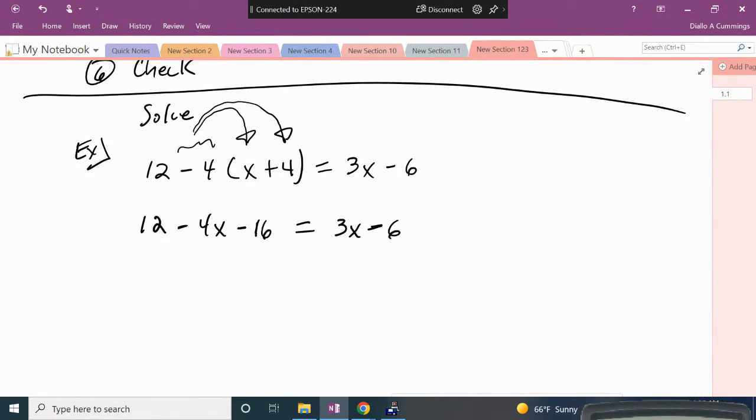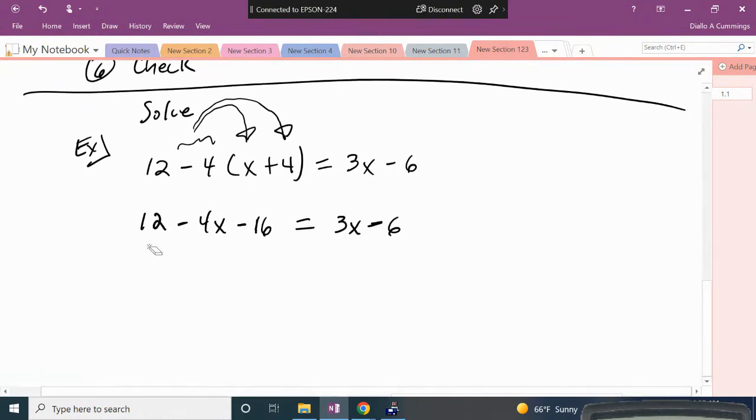The next step is to combine any like terms. Remember that a like term is the same variable with the same power. On my left-hand side, notice I have a 12, which is a constant. A constant contains no variables. It's just simply a number. That number can be negative or positive, a fraction or a decimal.